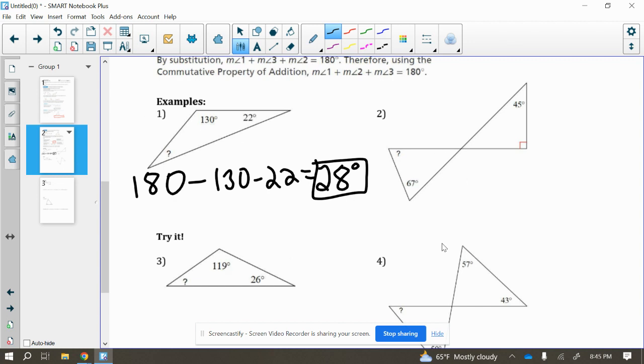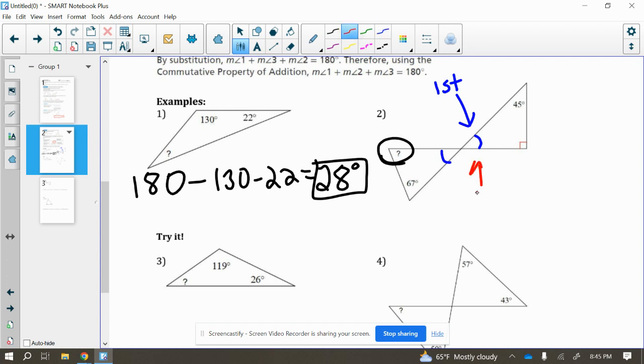In the second example here, notice we're trying to find this angle over here. The problem is we don't actually know 2 out of the 3 angles. We only actually know 1 of them. So what we're going to do is solve over here first, because then we know that these are vertical angles and would be the same size.